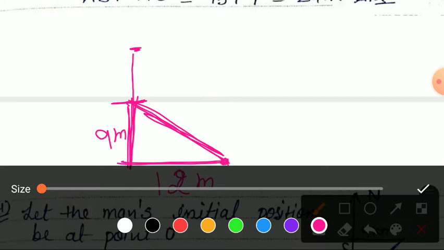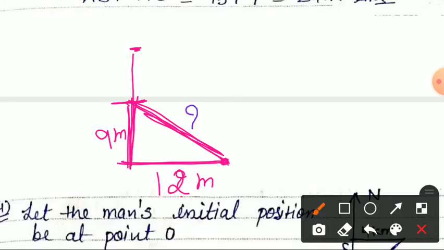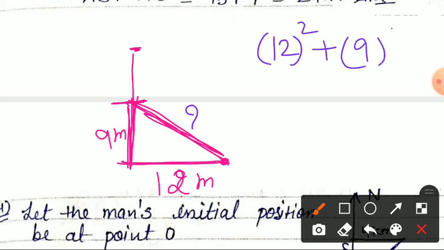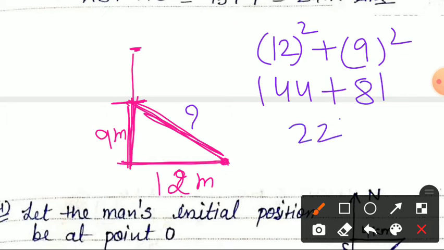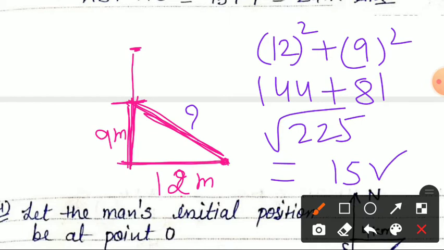So first we will find this hypotenuse. Hypotenuse is base square plus perpendicular square, so it will be 81 and 225 added. When we find its square root, it will be 15. So 15 meter is the length of the broken part, which becomes slant like this.